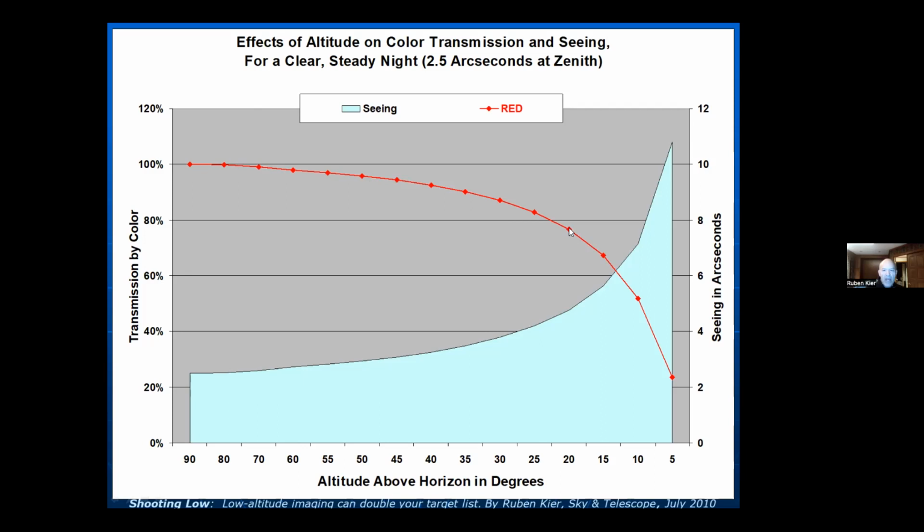And red light tends to be the best. So even when you're down only 5 degrees above the horizon, if you have no trees in your way and no light pollution to deal with, you're still getting maybe 25% of your light getting through. That's with red light. But with green light, you're down to maybe around 12% of your light getting through.